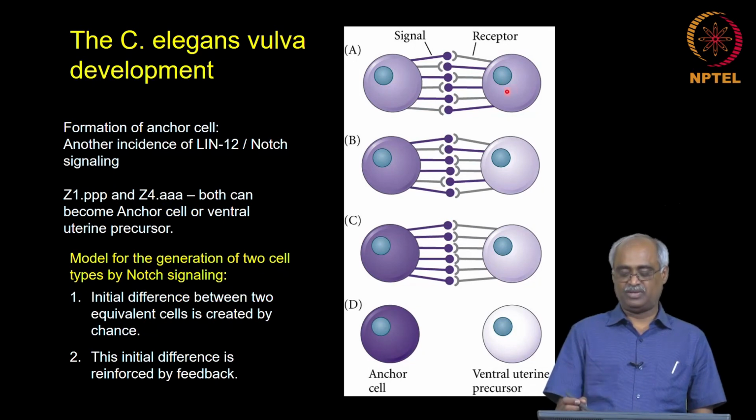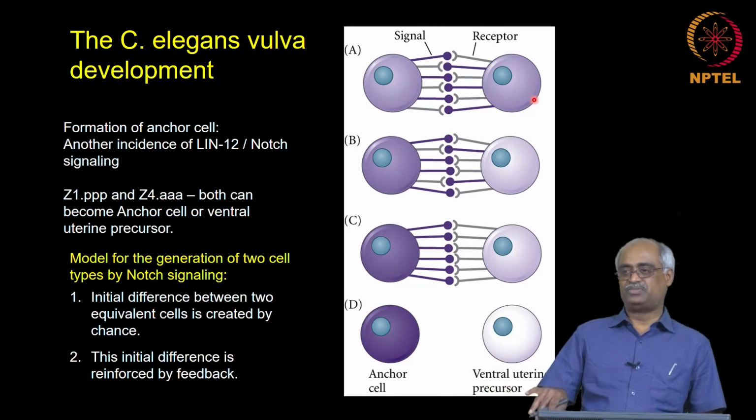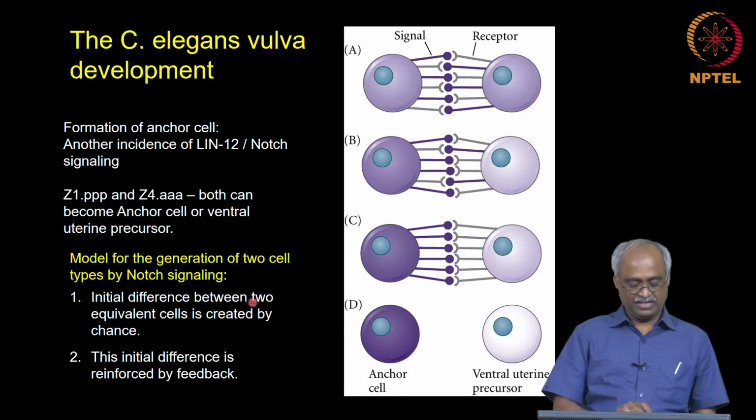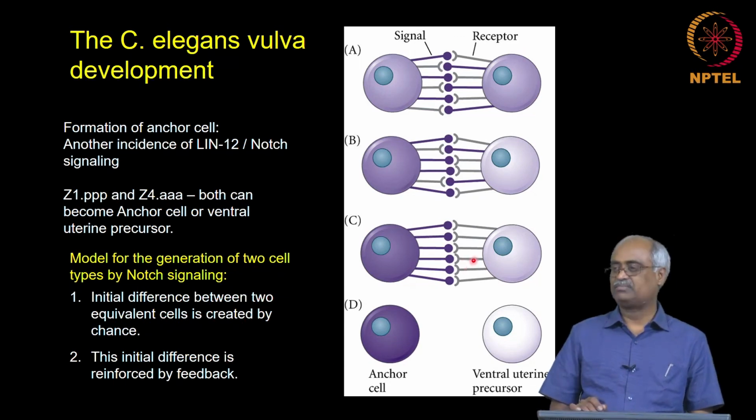If one of them ends up producing a little bit more ligand, it ends up telling the other one to produce more receptor and less ligand, and that is the initial difference, purely by chance. Then that initial difference is reinforced by feedback.